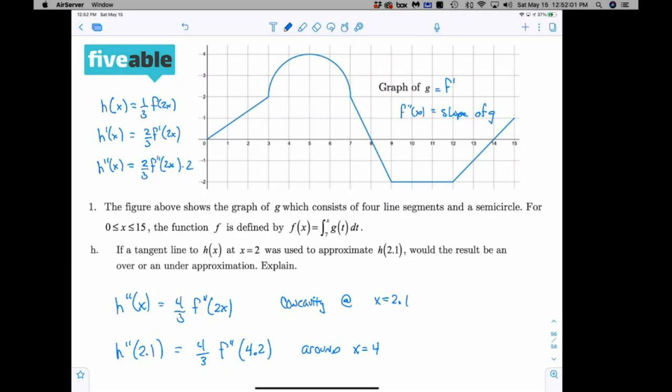Well, when we look around 4, what we're talking about is looking around this region right here. Although I can't compute it directly, I do see that that slope is going to be positive everywhere in that region.